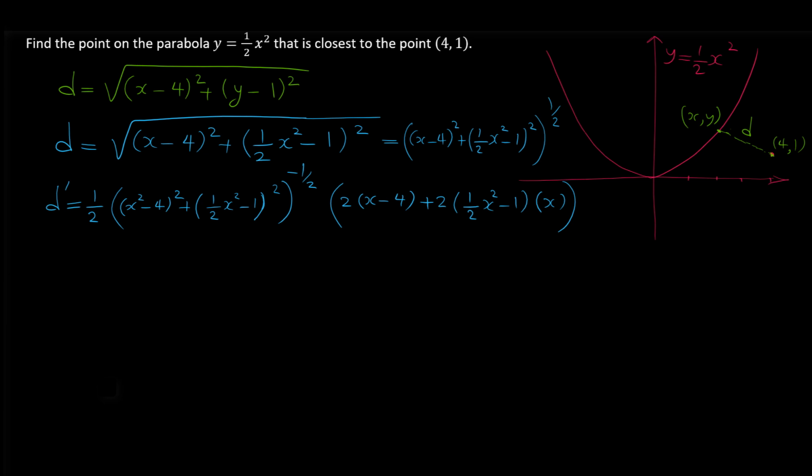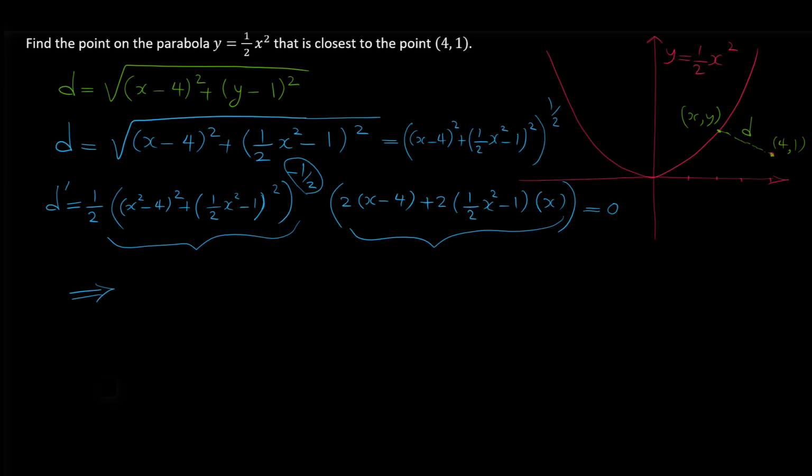Now we have to set d prime equal to 0 for finding the critical point. But note that because this part of the expression has a negative power, it goes to the denominator and it cannot be 0. So the part that we actually have to set equal to 0 is only this part of the derivative, and it is exactly what we did in the other derivative.